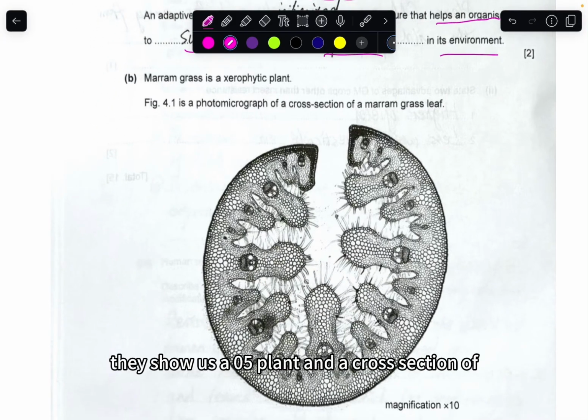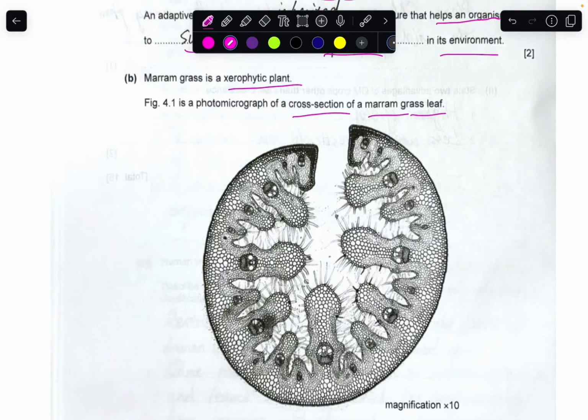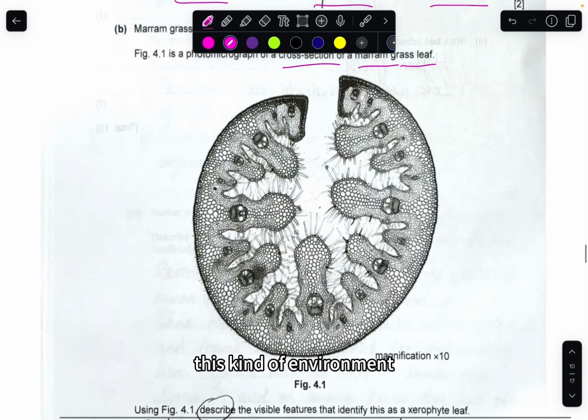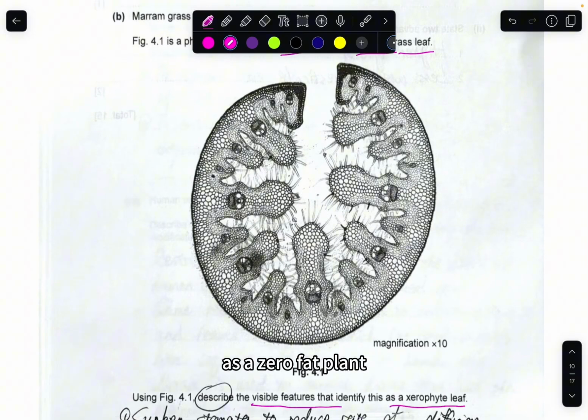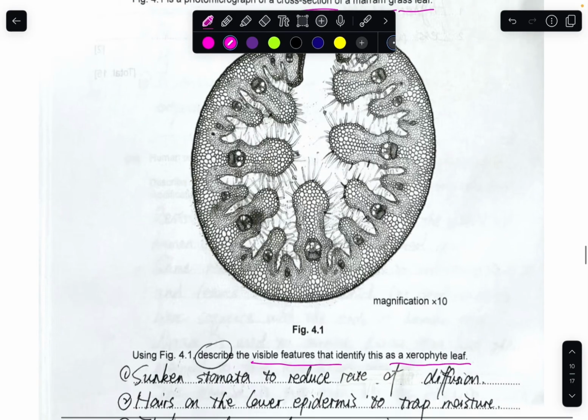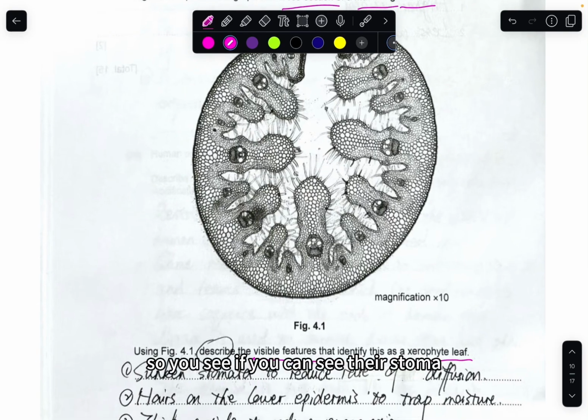Next picture, they show us a xerophyte plant and a cross section of marram grass leaf. This kind of plant has adaptive features to survive in this kind of environment. They ask you to write the visible features of a xerophyte plant. If you can see, their stomata are sunken inside.